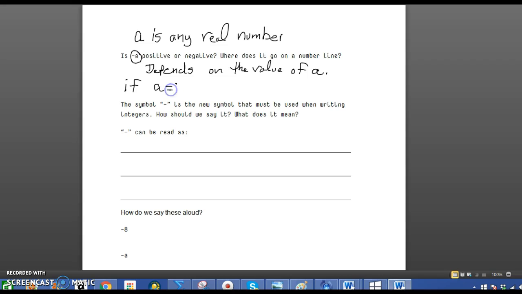If A equals 7, then the opposite of A is negative, right? But if A is -3, then the opposite of A, the opposite of -3, is +3, is positive.